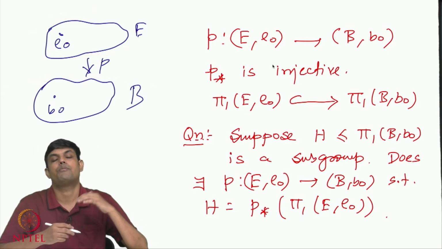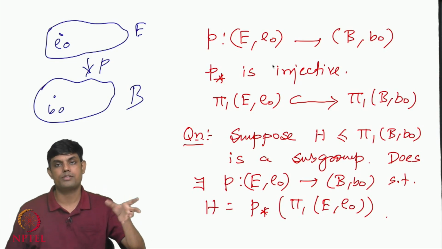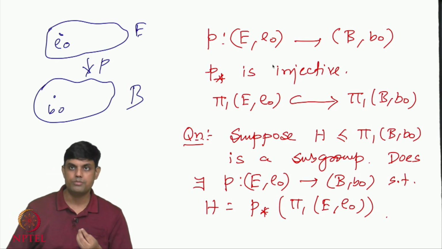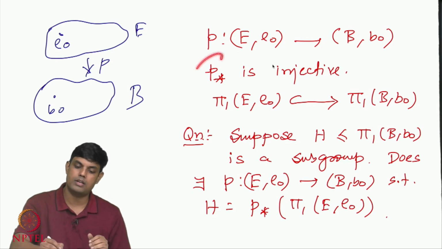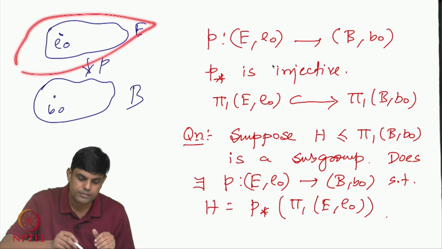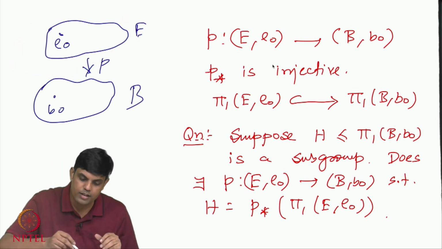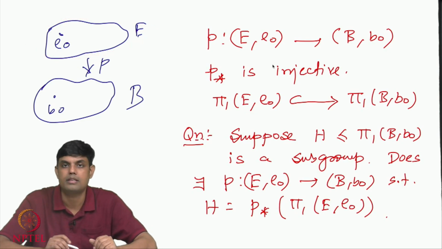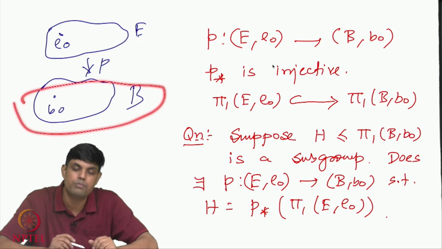What I did was, I had topological information, which is the covering map, and from that I got algebraic information, which is that the corresponding homomorphism P star is injective. Therefore, the image of this is a subgroup here. So, I can treat the fundamental group of the top space as a subgroup of the fundamental group of the bottom space.